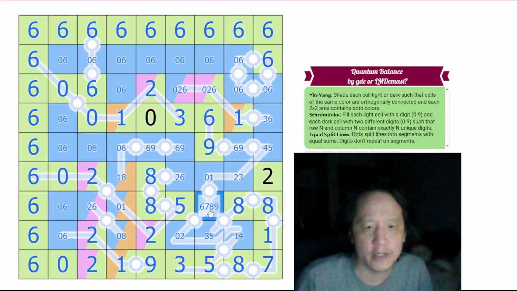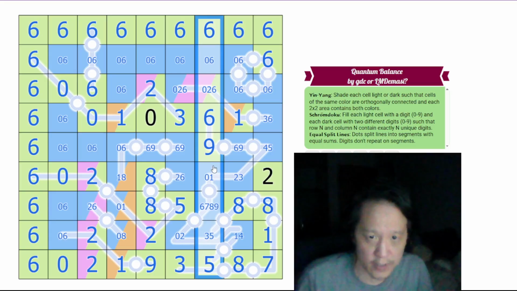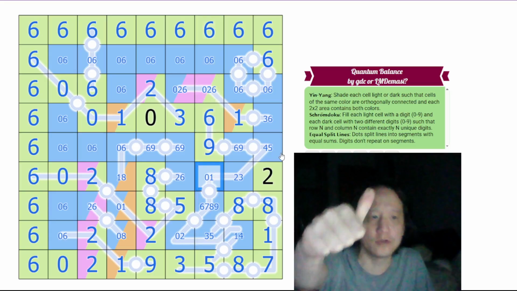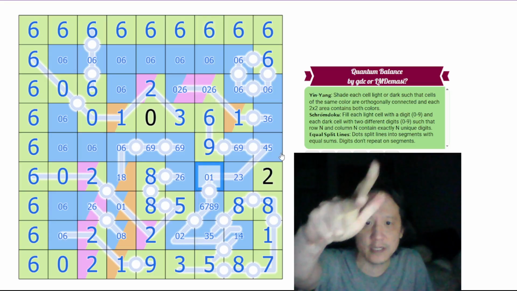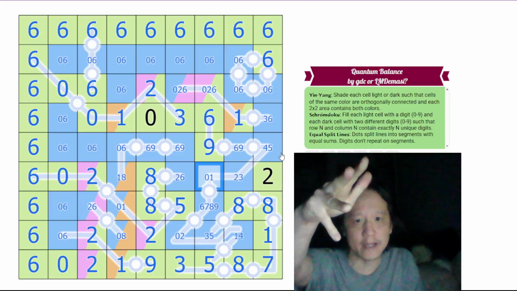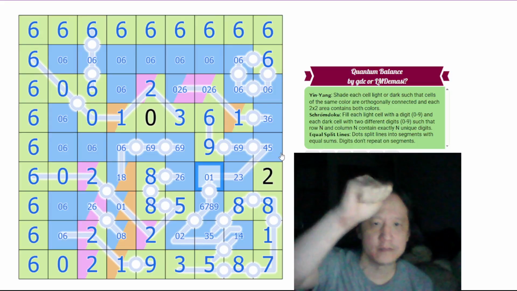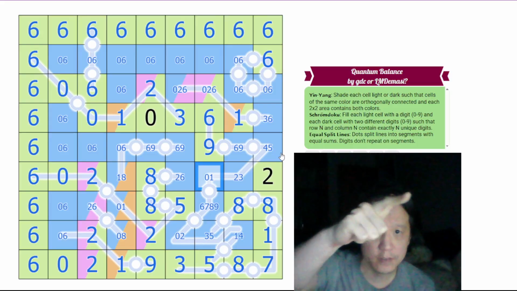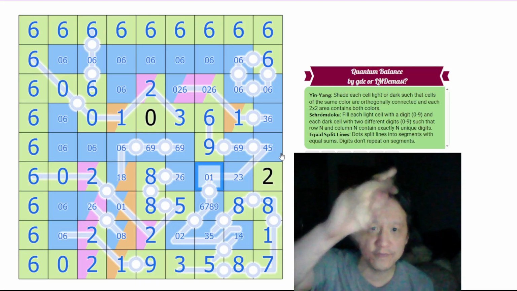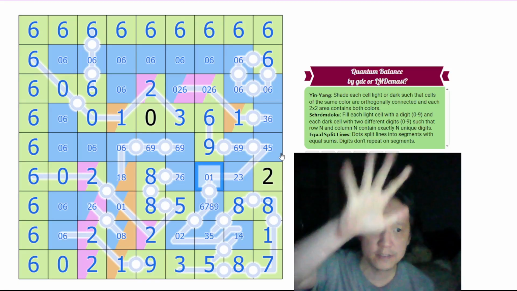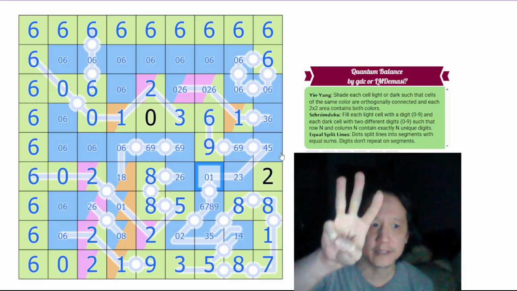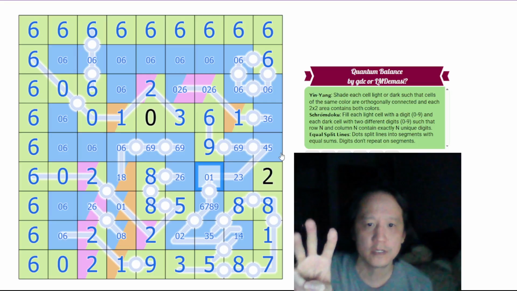In column 7 then, we are guaranteed 0, 1, 3, 5, 6, and 9. That's 6 unique digits.